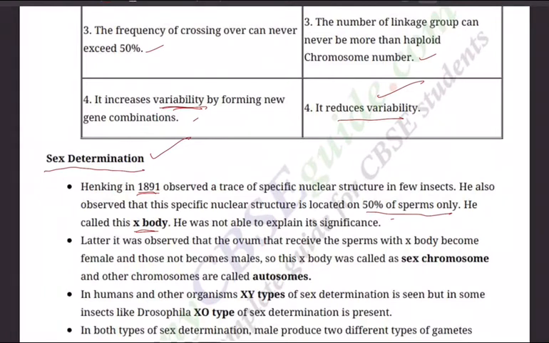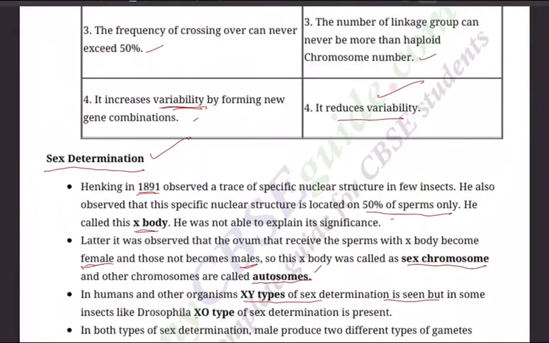Later, it was observed that the ovum that received the sperm with the X body became female and those that did not became males. So this X body was called the sex chromosome, and the other chromosomes are called autosomes and allosomes. In humans and other organisms, XY type of sex determination is seen.